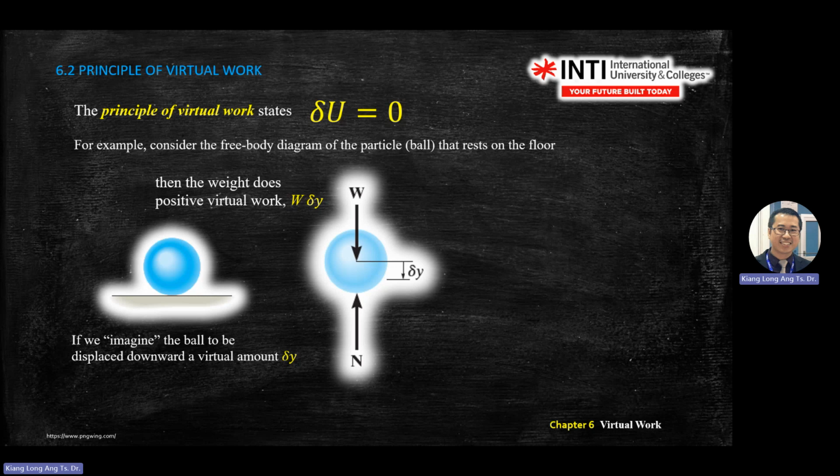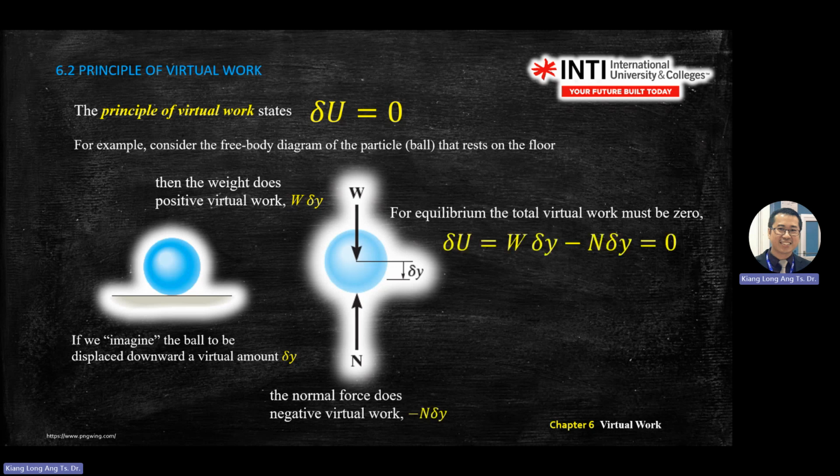If these two vectors are in opposite directions, the work will be negative, because it's a vector. For example, normal force is pointing up, but the delta y is pointing down. So the product of these two vectors generates negative virtual work.